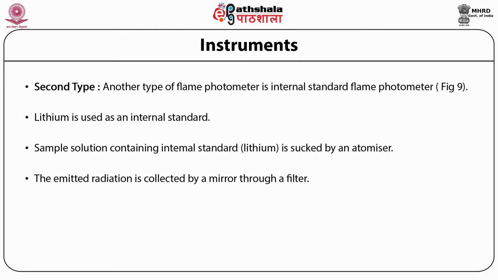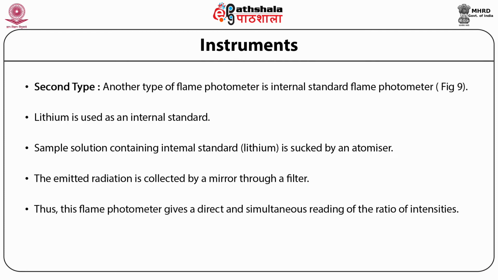Both these parts are received by separate amplifiers and are then fed to the common detecting system which records the intensity of the element to be determined relative to that of the internal standard. Thus, this flame photometer gives a direct and simultaneous reading of the ratio of intensities.